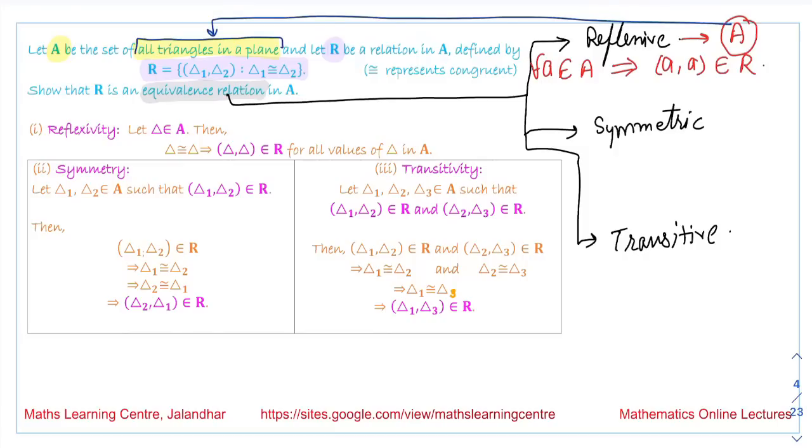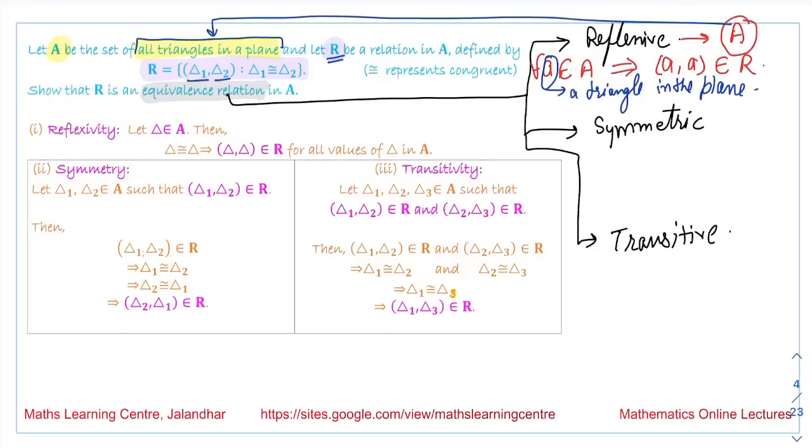It means this element a we are talking about is from this set A, so it is a triangle in the plane. A belongs to A means we have chosen a triangle from the plane, and the relation R is that if we have chosen two triangles, then they are related to each other, that is they are congruent to each other.